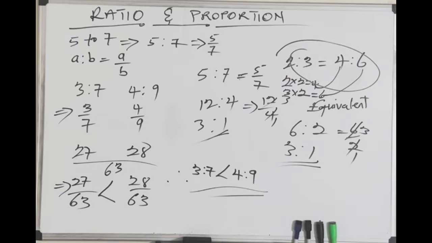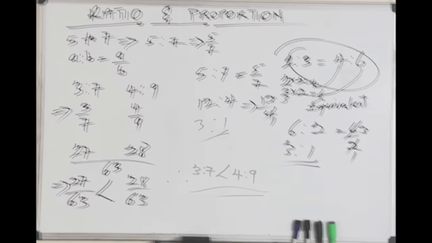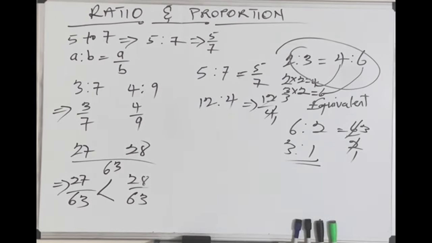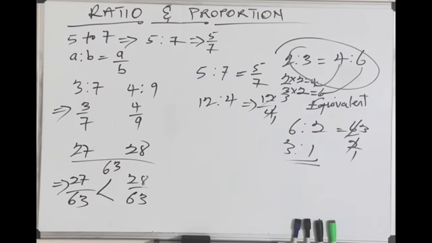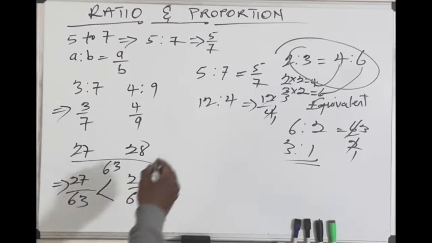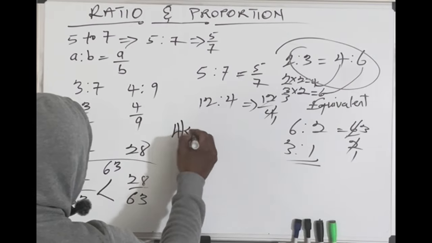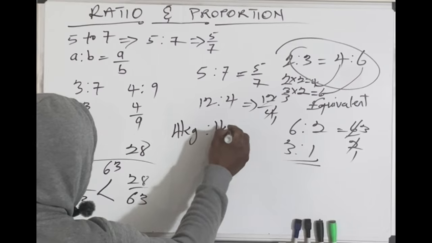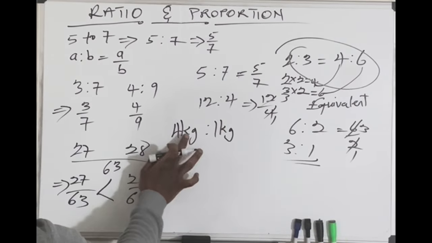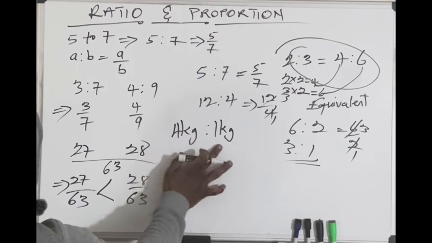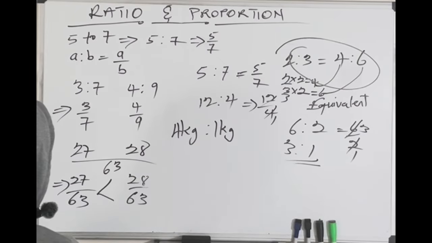Okay. All right. So to express two quantities as a ratio, they must have the same units of measure. So we are saying that 4 kg to 1 kg, you can work this out because they both have the same units.